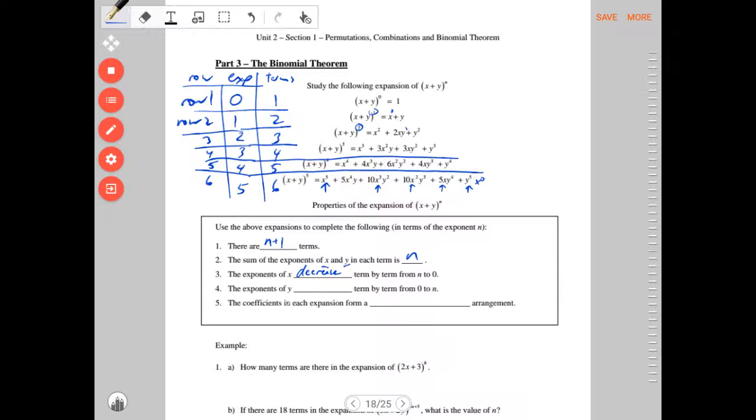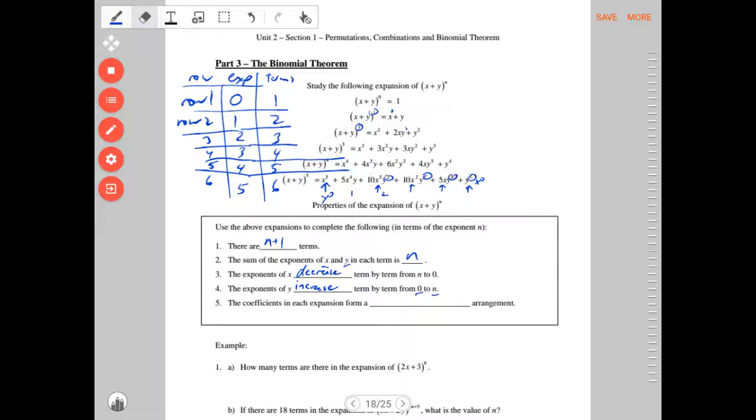The exponents of y, on the other hand, start at 0 and go up one at a time. So 0, 1, 2, 3, 4, and then finish off with y to the 5th. So the exponents of y increase one at a time from 0 up to n. Okay, and then the coefficients of this expansion.